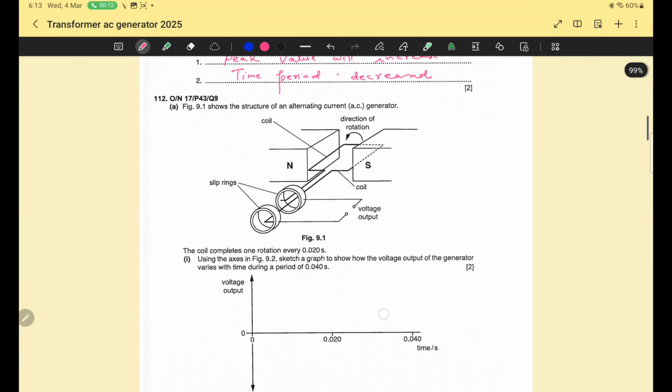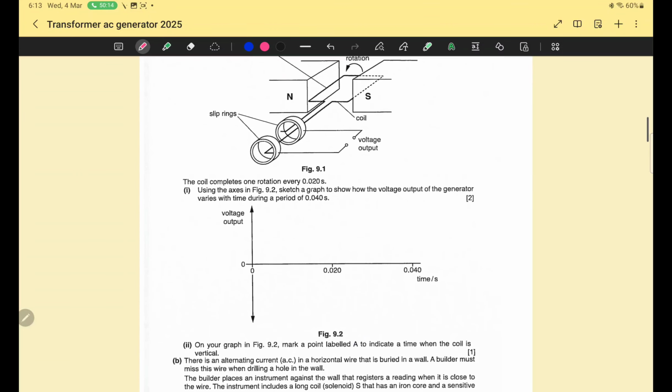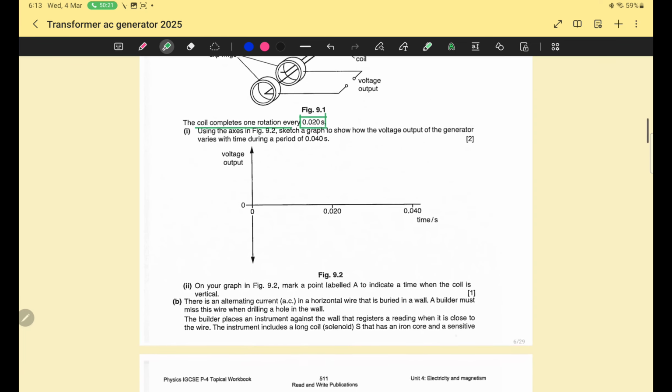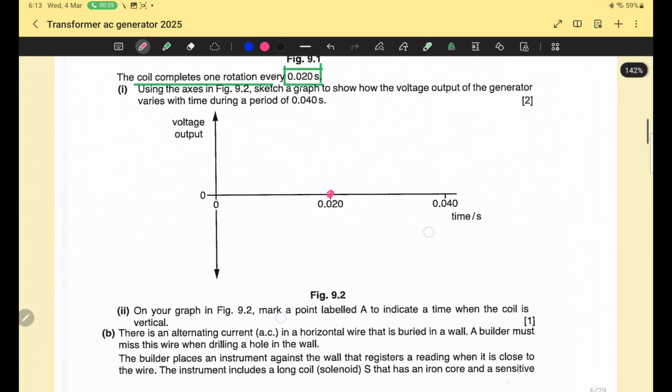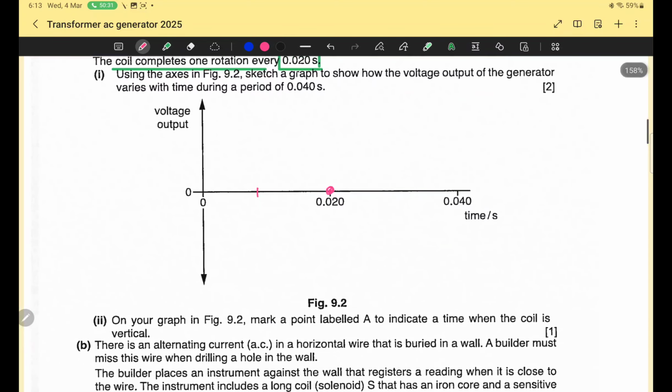Now again, question number 112. The coil completes one rotation in 0.02 second. So we are given that we have to complete one cycle within this time period. I can draw this: this is the half cycle, this is the complete cycle.